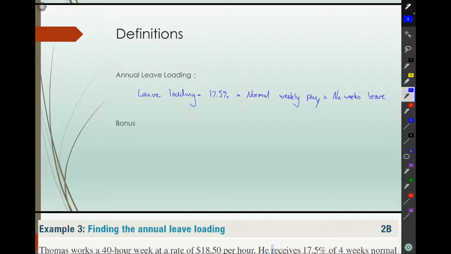A bonus is a little bit different. What we're talking about when we talk about a bonus is an additional payment or gift, and it's usually a reward for achieving a goal.